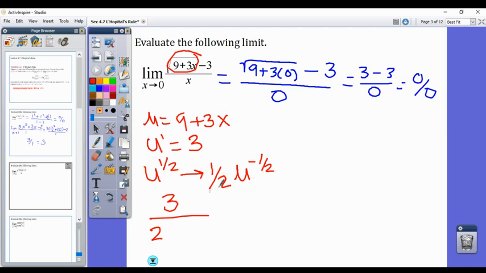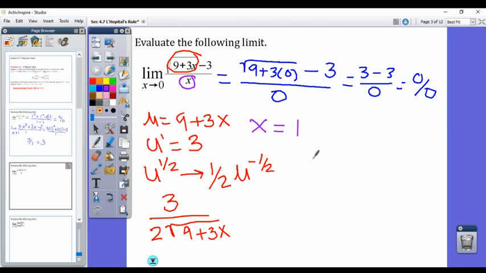This is going to drop down because of the negative exponent. So we're going to end up with the square root of 9 plus 3x. Okay. All right, so we're going to end up with that. And then, let me switch colors, the derivative of x is just going to be 1.